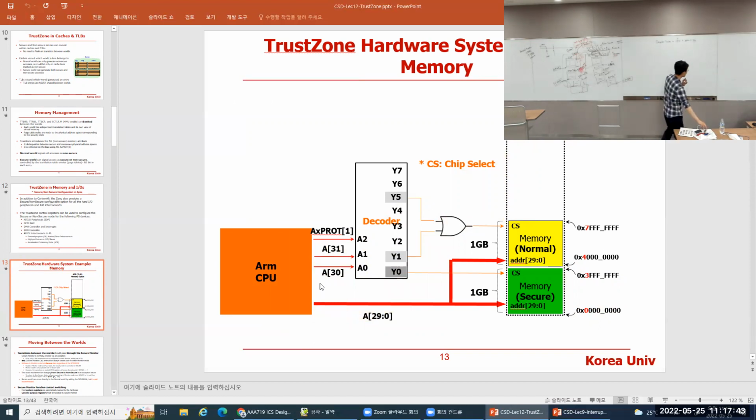ARM is generating our Cortex A9. Let's assume Cortex A9 is providing a 32-bit physical address. That means it is creating a 4 GB memory space.